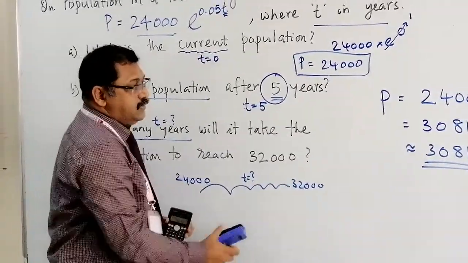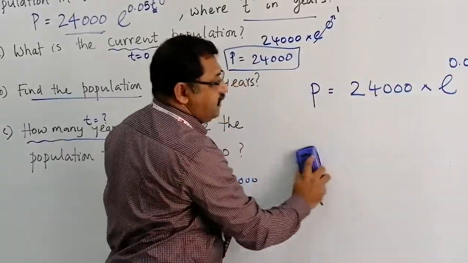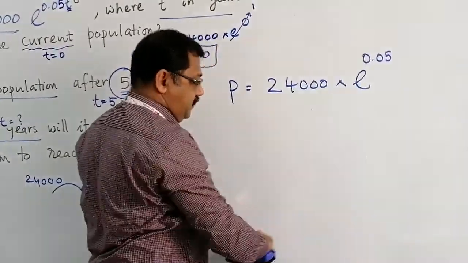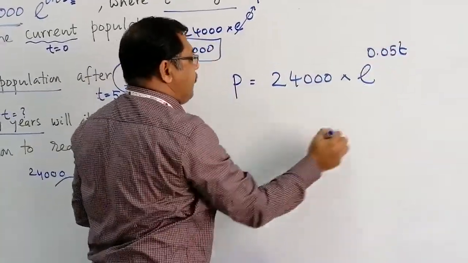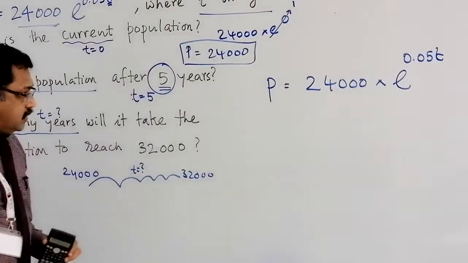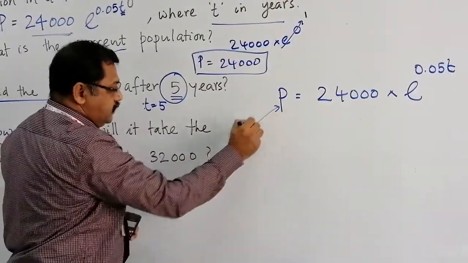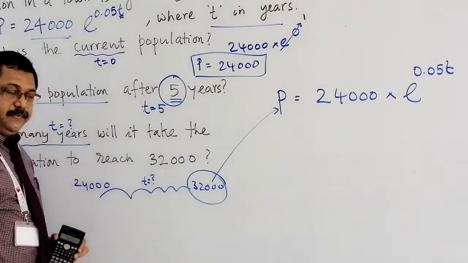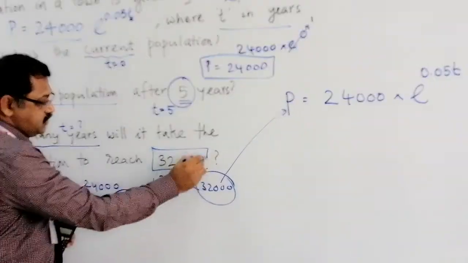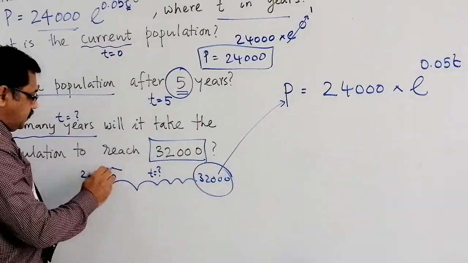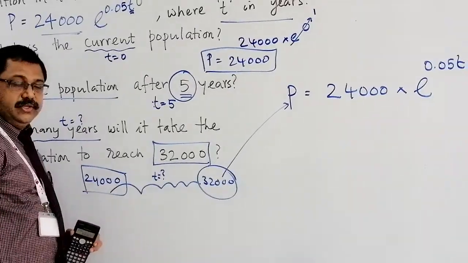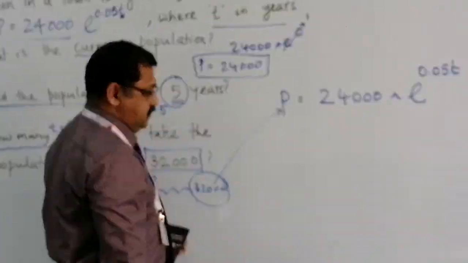So in the function, we have t and we have p, the population. We know the last value is 32,000. Definitely the initial value will be 24,000.